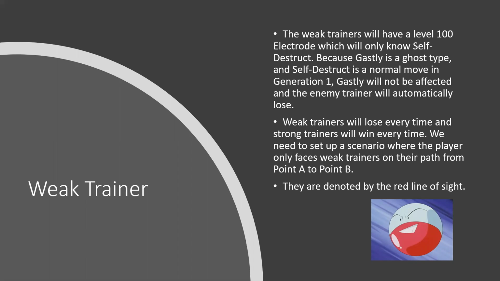So, weak trainers will lose every time, and strong trainers will win every time. We need to set up a scenario where the player only faces weak trainers on their path from point A to point B. Weak trainers are going to be denoted by their red line of sight. This is good. We want to face the weak trainers, not the strong trainers.